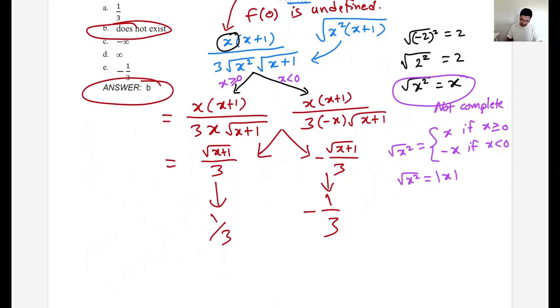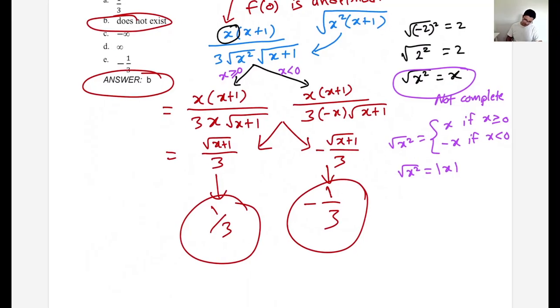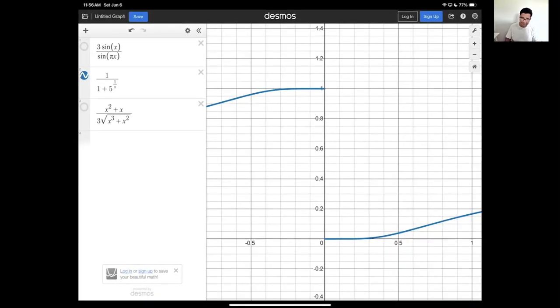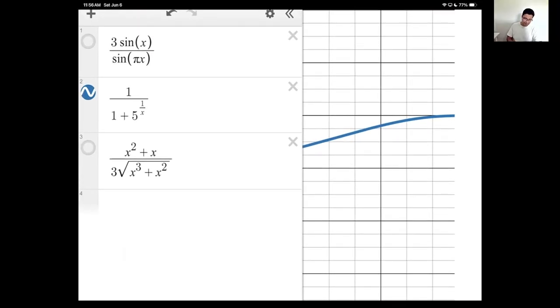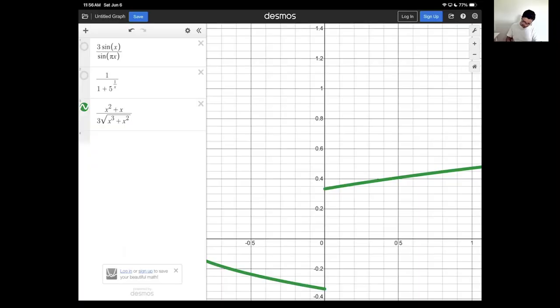My claim is the left side and the right side limits are 1 over 3 and negative 1 over 3. Let us see that in our graph. Take the function here, the third one. I'll disable this, enable the third option, graph, and what do you see here?